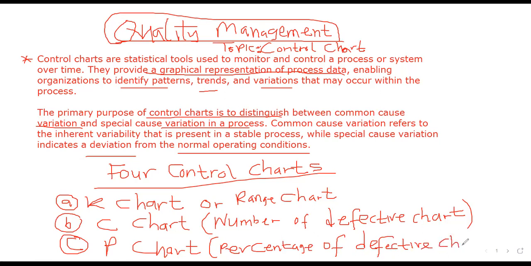Of course, we get to the last chart, which is the X bar chart.